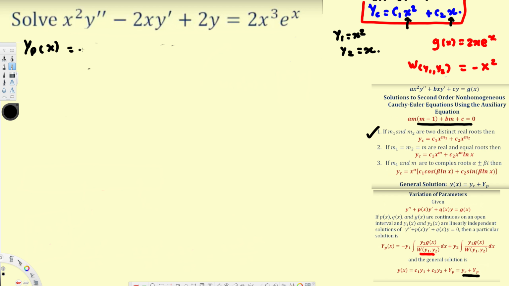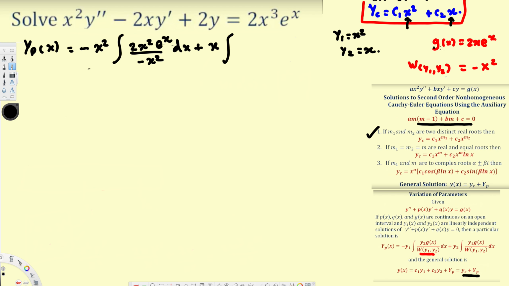of x is equal to negative y1, which is x square, times the integration of y2 times g of x. Y2 is x, times g of x is 2x e power x, so that's going to be 2x square e power x, divided by the Wronskian, that is negative x square, dx, plus y2, which is x, times the integration of W1 times g of x.